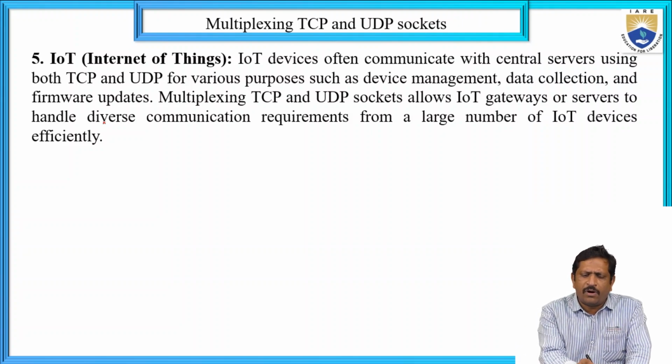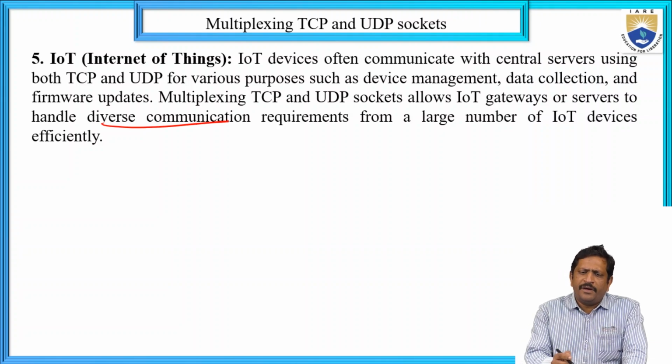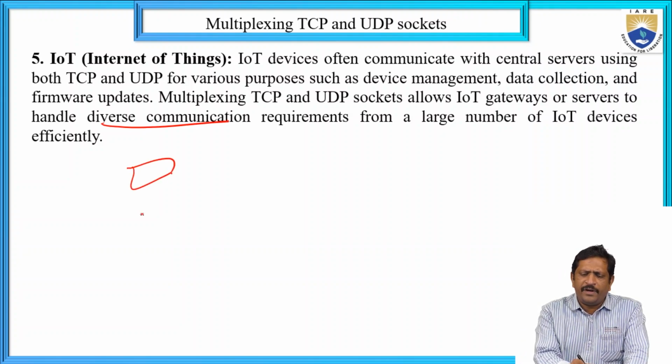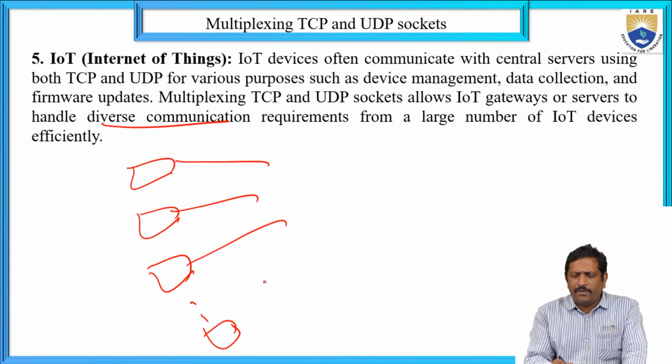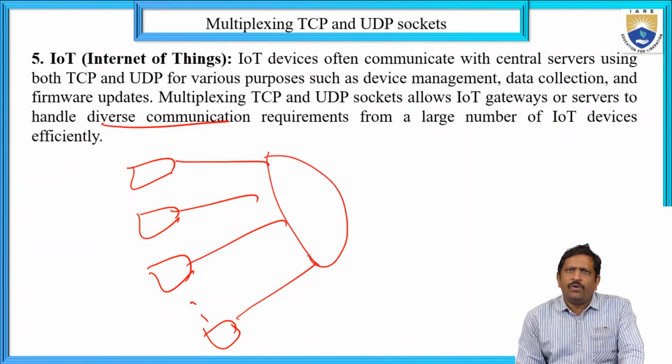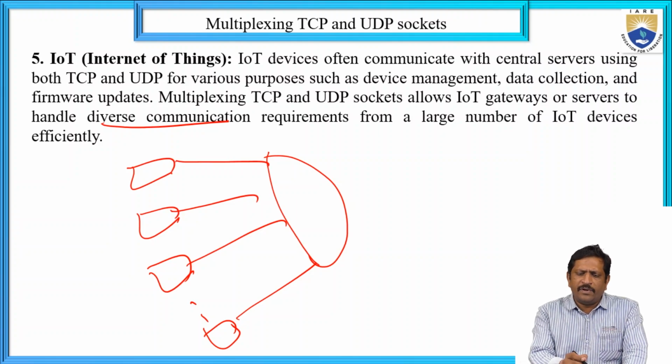Diverse communication requirement handling means here we are receiving signals from different devices. If you receive from different other devices or different networks, we call it diverse communication, diverse different networks. This is one network, this one is another network.